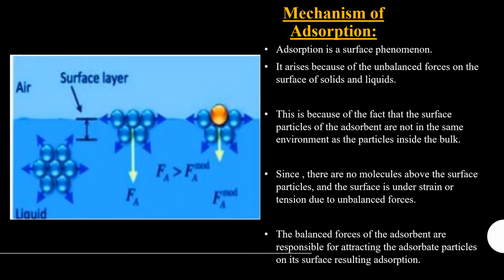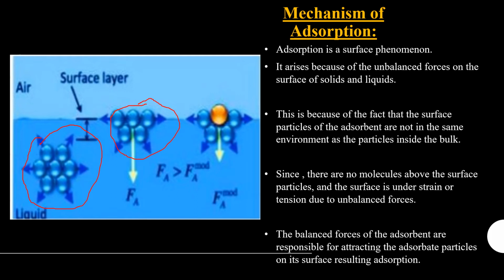As you can see in the image, these are the particles which are inside the bulk. If I have some liquid, the particles of that liquid which are present in the bulk are in a different environment, whereas the surface molecules are in a different environment.